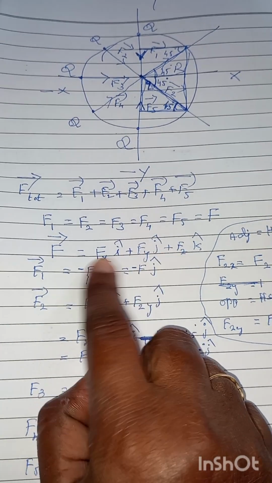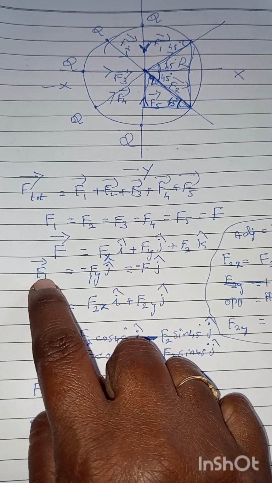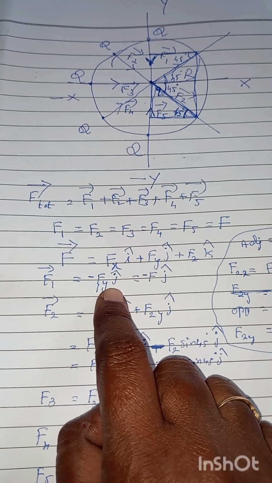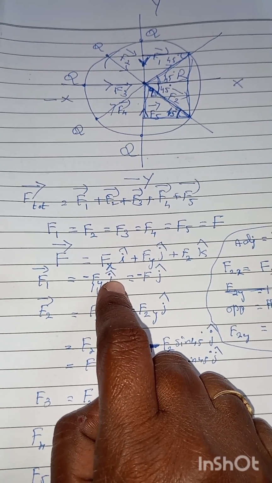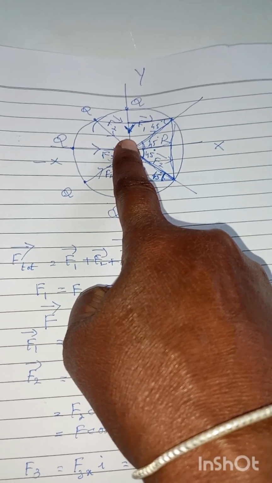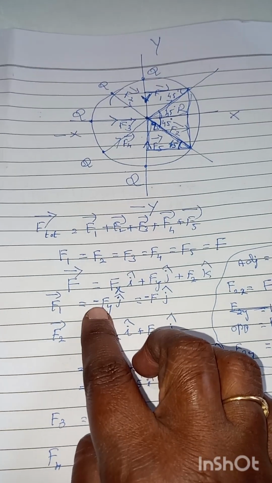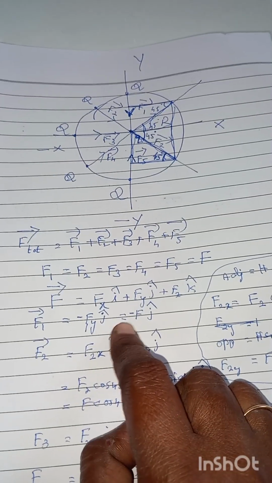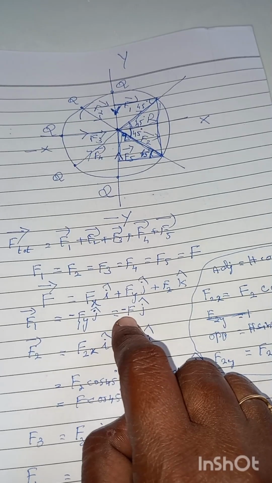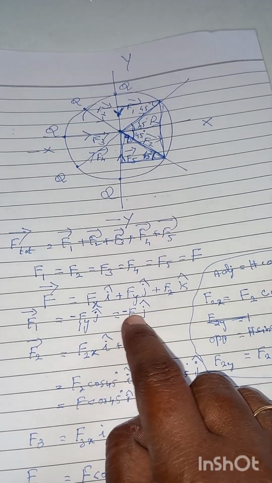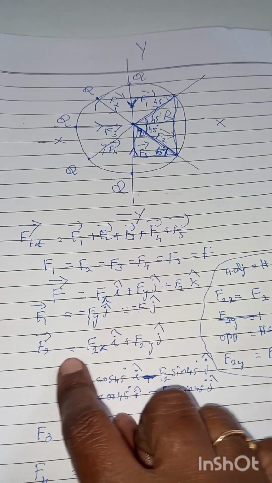Now based on this expression, we can write F1 vector as F1y into j cap, because it acts only along the y-axis, in the negative y direction, so we put a negative sign. The unit vector along the y-axis is j cap, and the magnitude of the force is F, so minus F into j cap is F1.